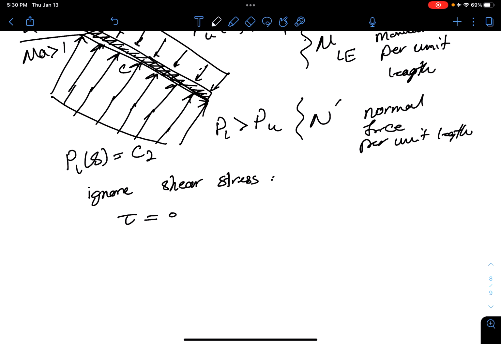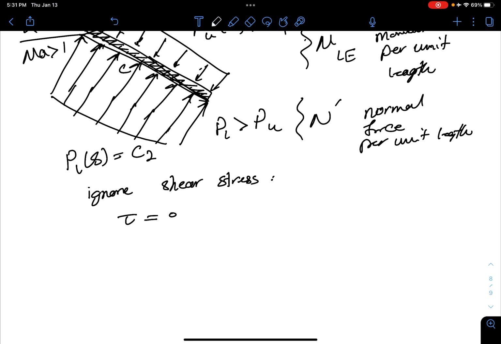Exactly. So your theta here is always zero, right? There is no curvature on your airfoil. So which means the axial force is just zero. But that doesn't mean drag is zero. Just the axial force. So if you are dealing with a flat plate, your axial force is zero.